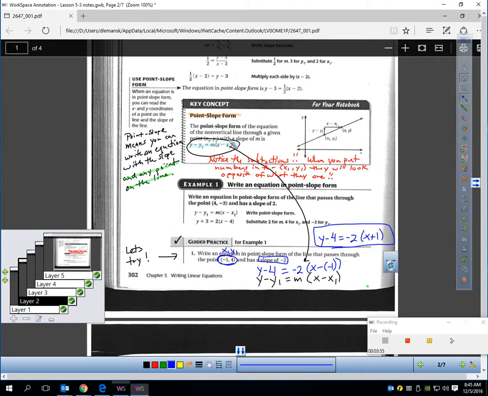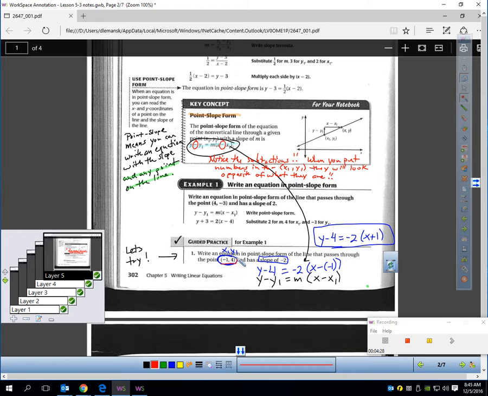One super important thing about this equation form that you have to know, I put it in red to make clear this is super important. Notice the subtractions in the formula. When you put numbers in for x sub 1 and y sub 1, they will look opposite of what they really are. Look at the problem we just did.